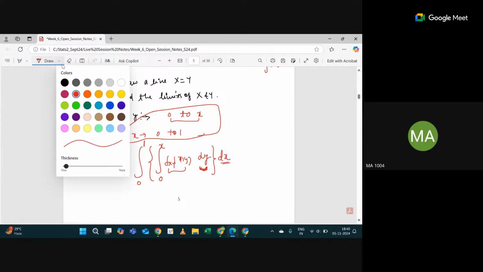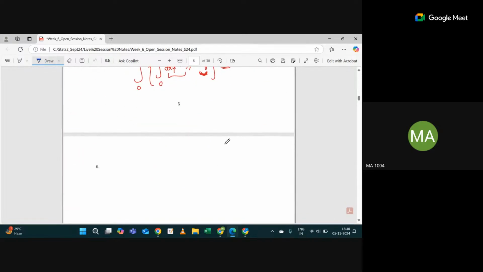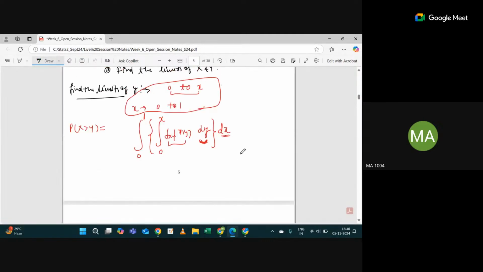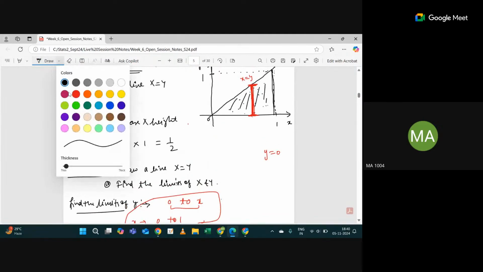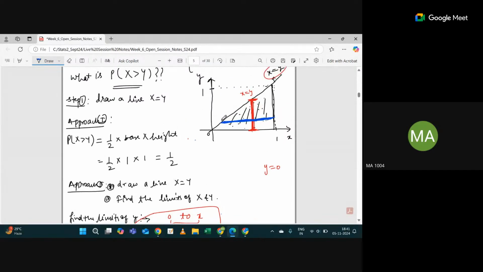Let me take x also, so that it might be clear. Let me draw the graph again. Suppose I want to find the limit of x first. Then, as usual, I will draw a parallel line, or you can say a strip, with respect to the x-axis. Then my line will be something like this, correct? So from where to where will my limit of x be? x is going to this line, and this line is the x equal to y line, right?